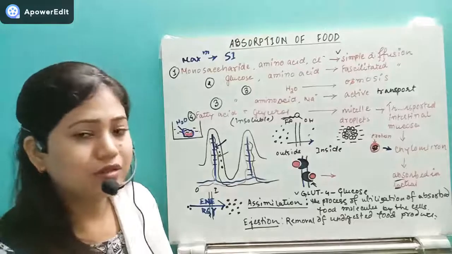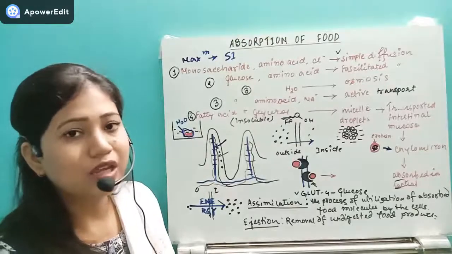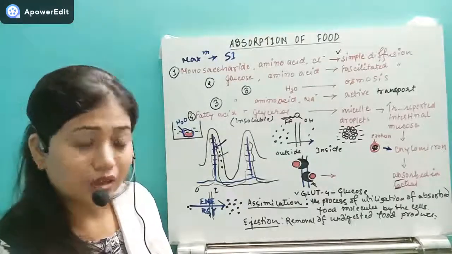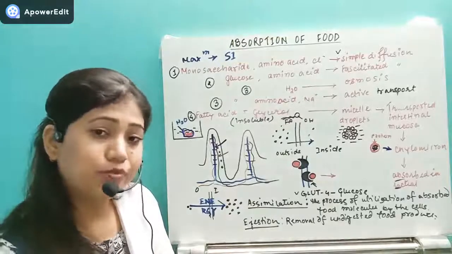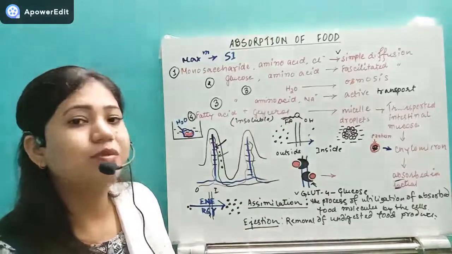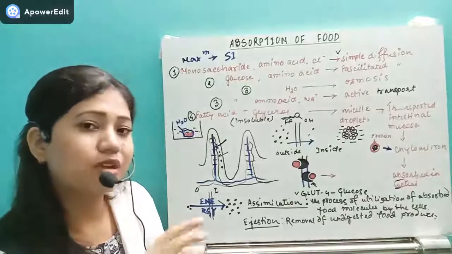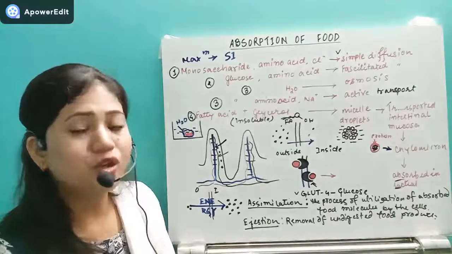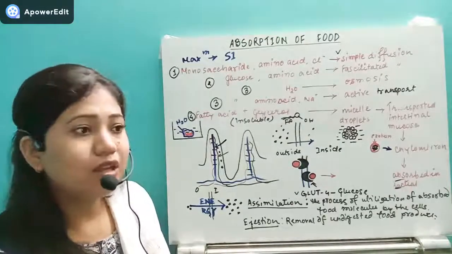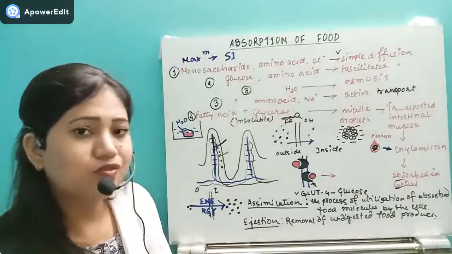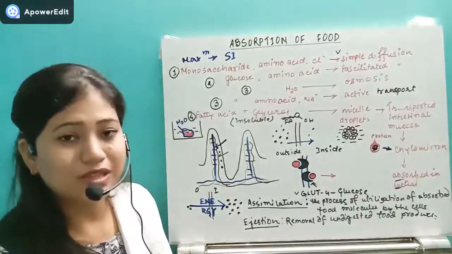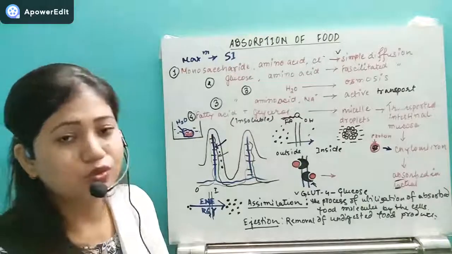Now after that, the undigested food molecules present in the small intestine will be pushed to the large intestine, and from the large intestine they will be stored in the rectum. Now in the rectum region, the undigested food will stay. The muscle will give a stimulation to the brain.